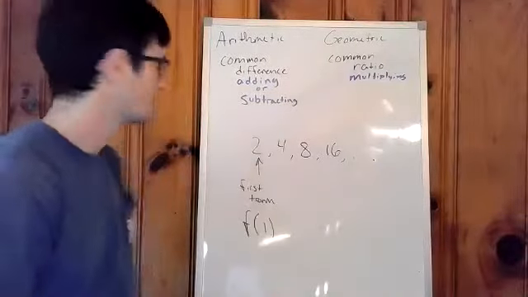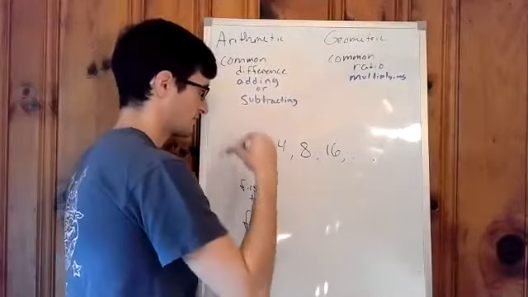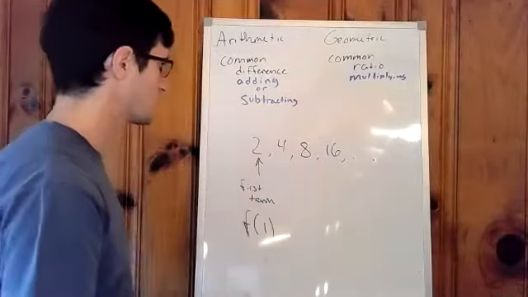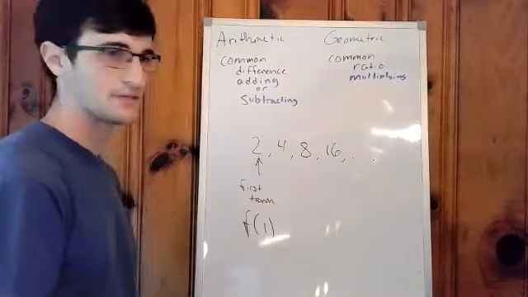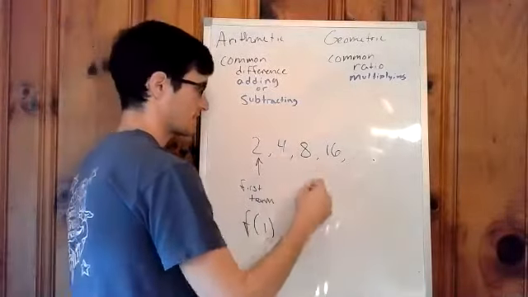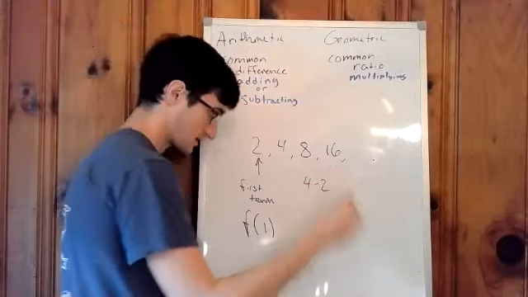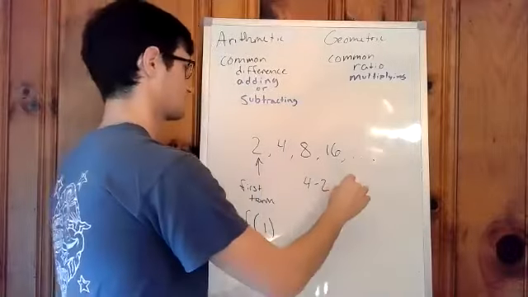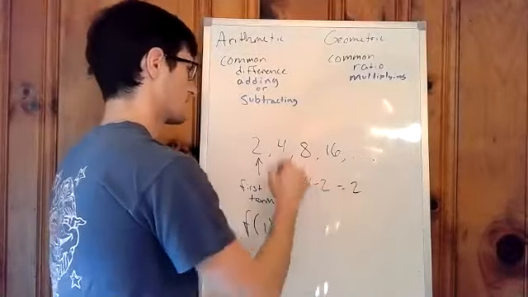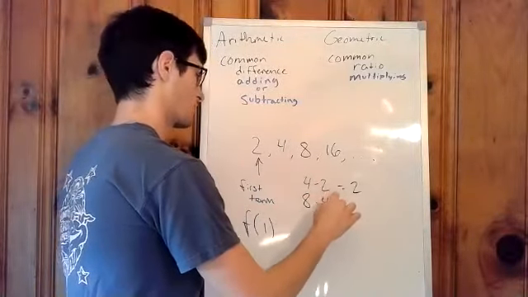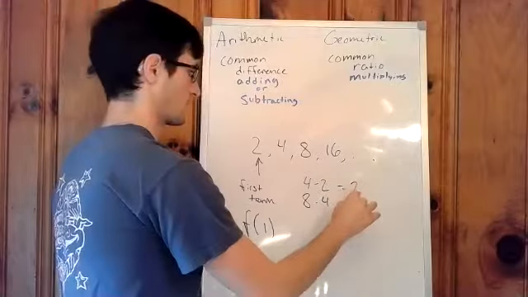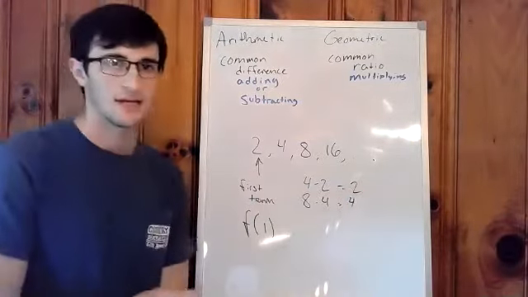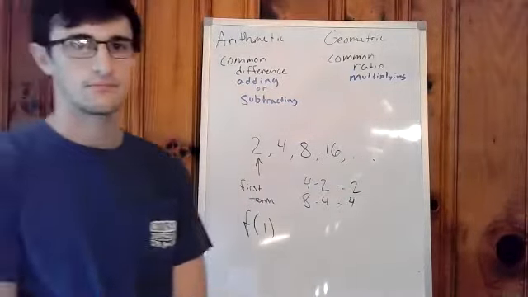Let's check if there's a common difference. You take 4 minus 2, the second term minus the first term. That gives me 2. Then you take 8 minus 4, which gives me 4. Immediately I can stop, because it's not the same number every time.